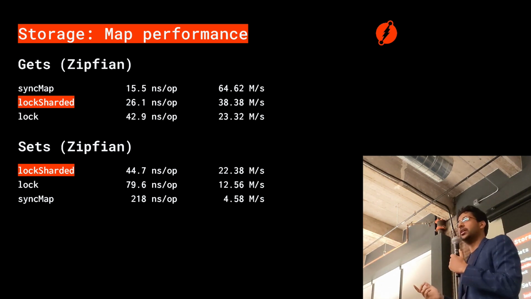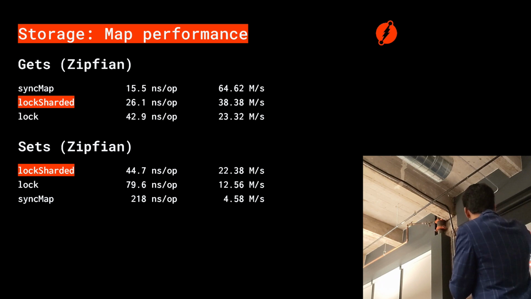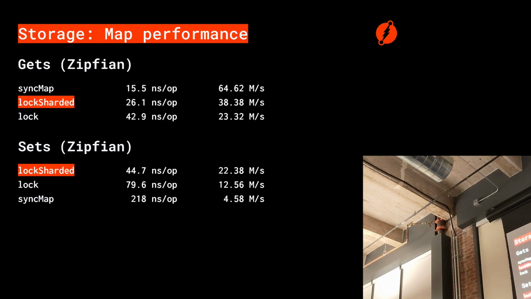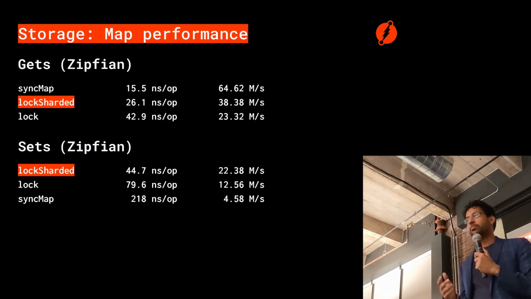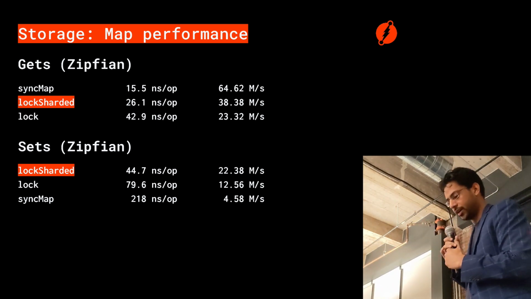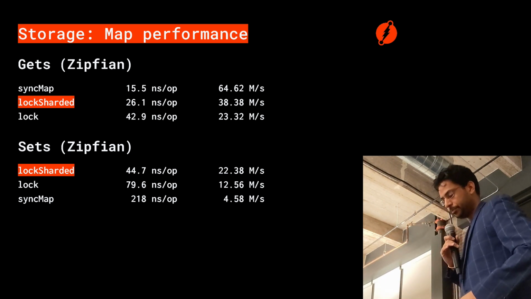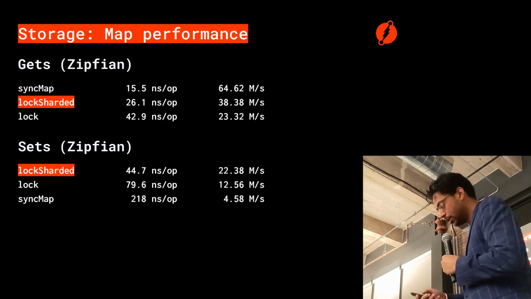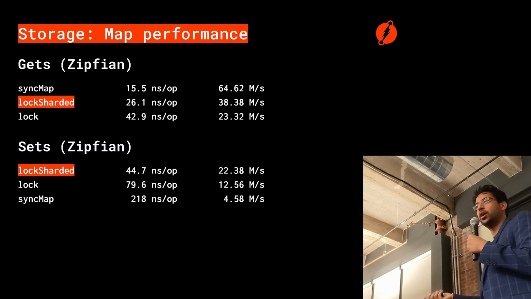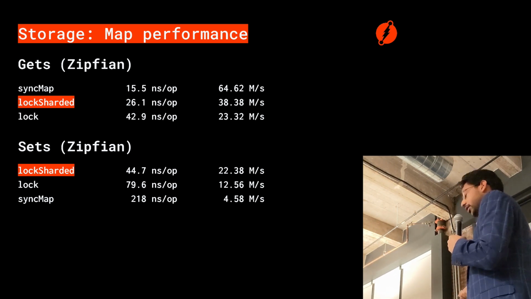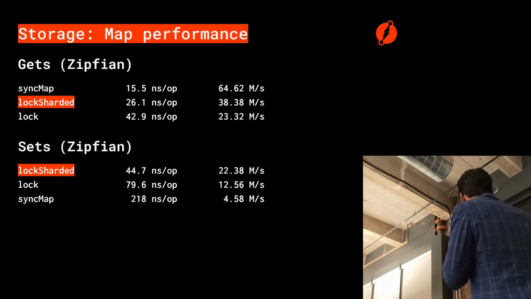The important thing to notice here is that sync.Map deteriorates really badly for writes. So we decided not to use sync.Map, because we want to make sure that across different kinds of workloads, the storage would not become a problem. And so we chose to use 256 shards with the normal mutex-based map.